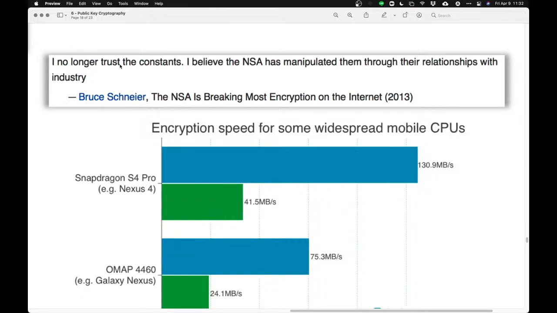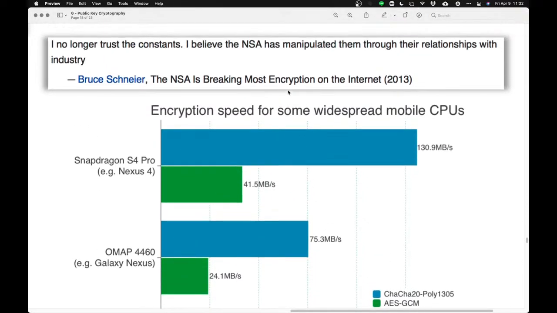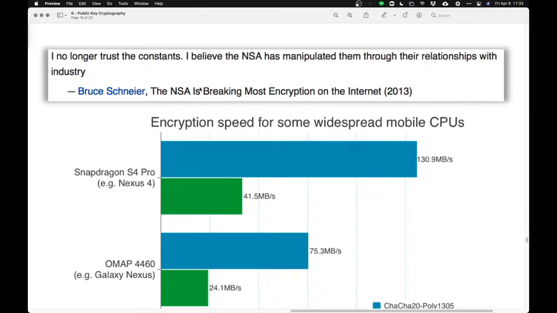And he said, I no longer believe anything that the NSA or the government has touched. As of 2013, he published an article saying the US spy agency is likely breaking almost all the encryption on the internet by themselves. They can probably do it. But that was a long time ago.